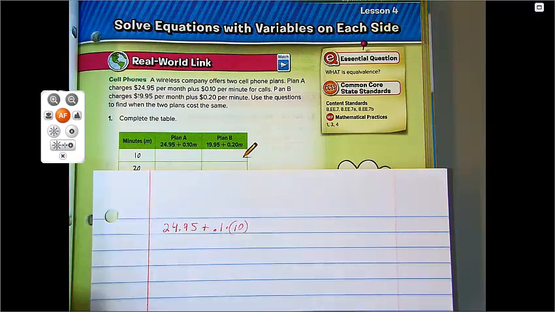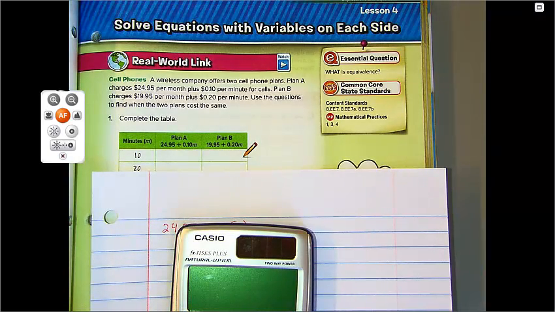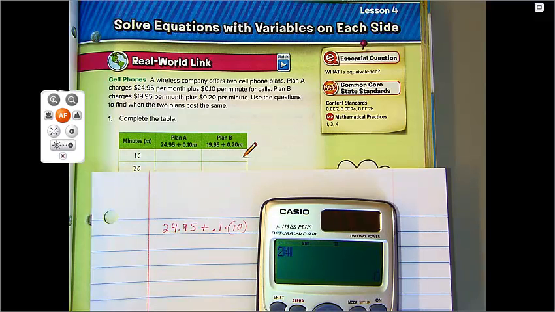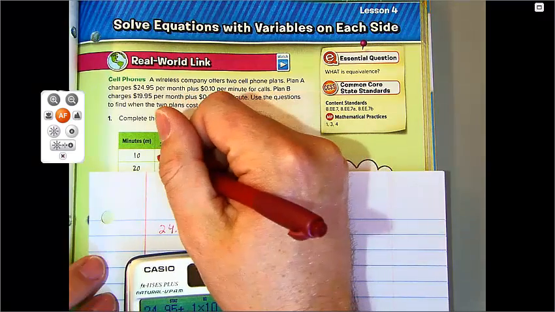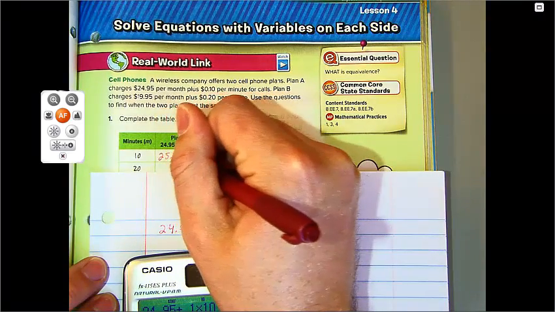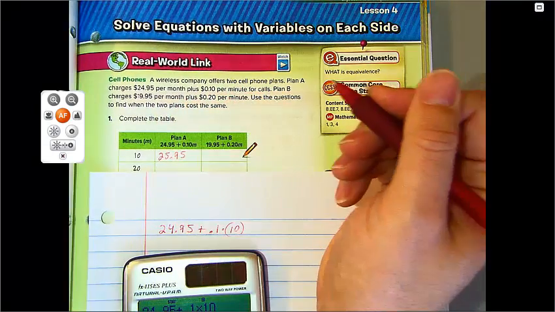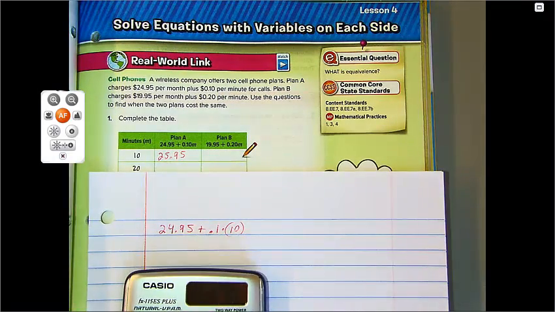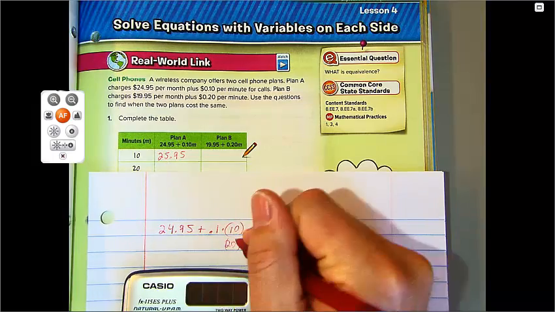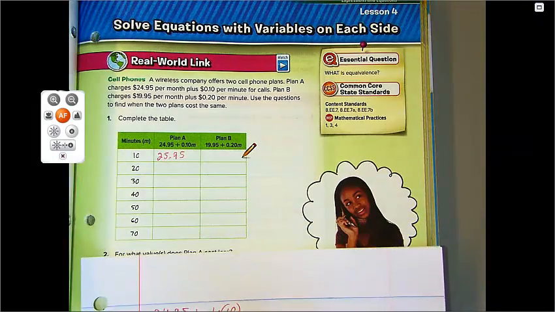So I take my calculator. Just basic math here, $24.95 plus 0.1 times 10, and I discover that plan charges me $25.95 for the first 10. Then I'm going to do the same thing for 20 minutes, 30 minutes, 40 minutes, all the way to 70 minutes.